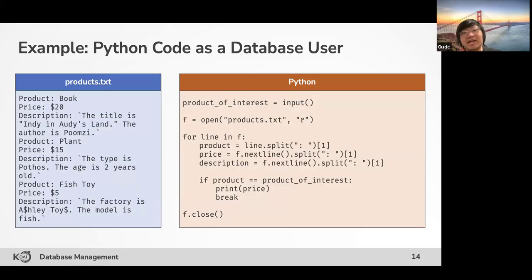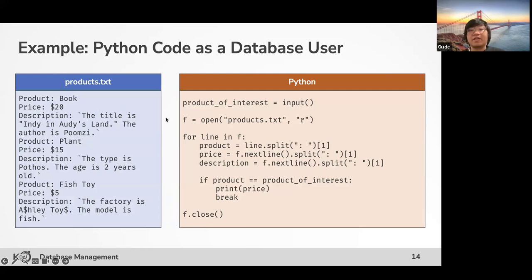You may not imagine that, hey, this Python code that I hate is a database user. What? But basically, we have the database here, right? A database is just an organized collection of data, like this products.txt.